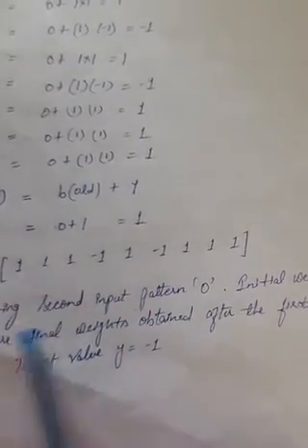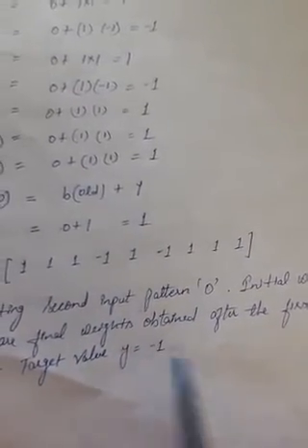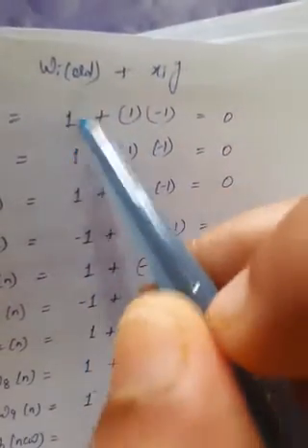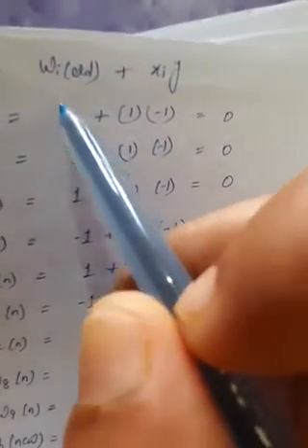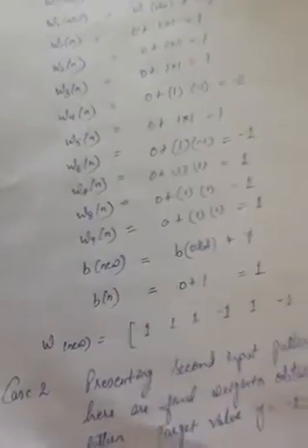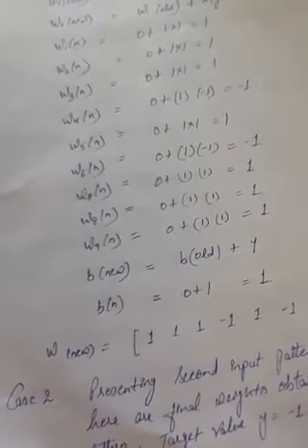And the target value for this case is minus 1. Now see wi new, again the formula is the same, it is wi old plus xi y. Now in this case wi old are the weights which we obtained in the previous case, that is, these weights serve as the initial weights.